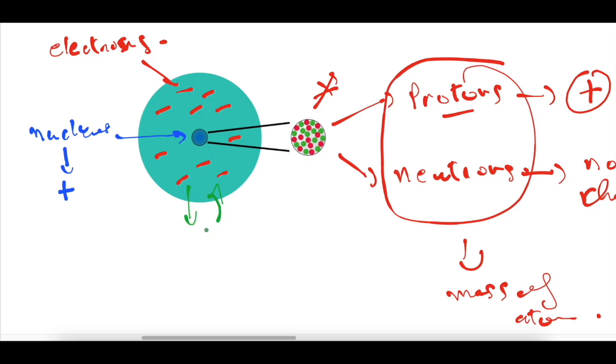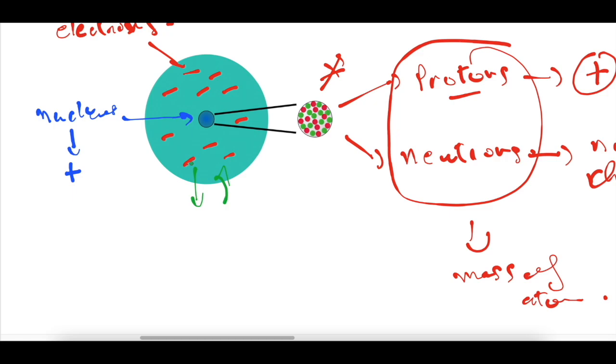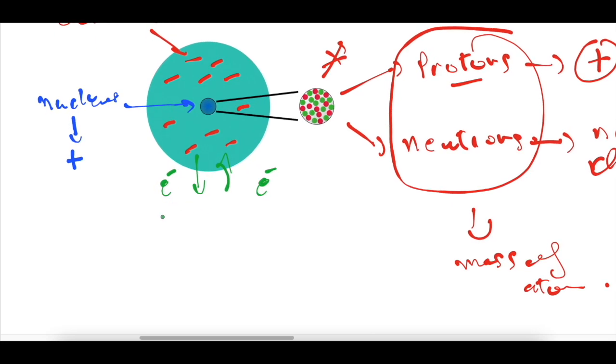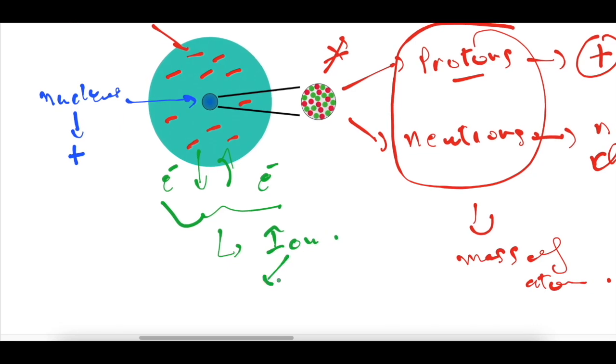In other terms, they can be transferred to the outside world, or electrons can be added to the atom. And these operations result in the formation of an ion. An ion is a charged atom. This ion can be a positively charged atom or a negatively charged atom.